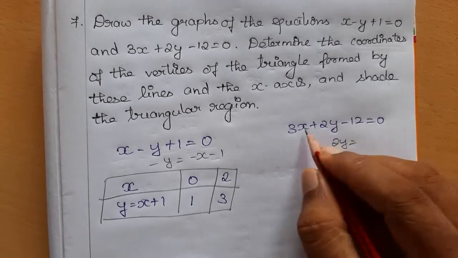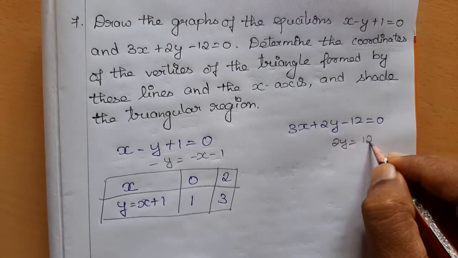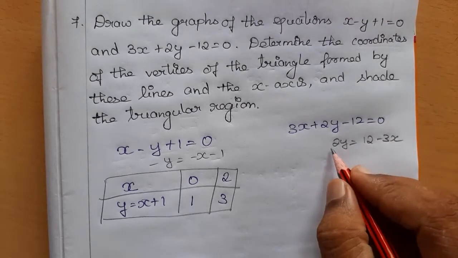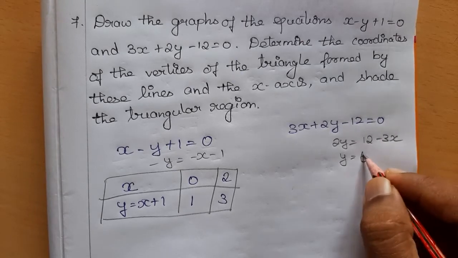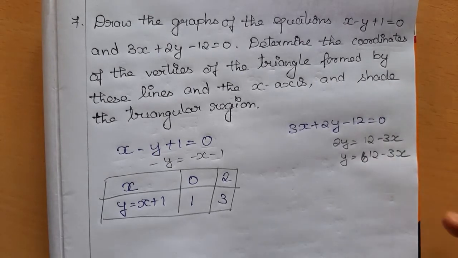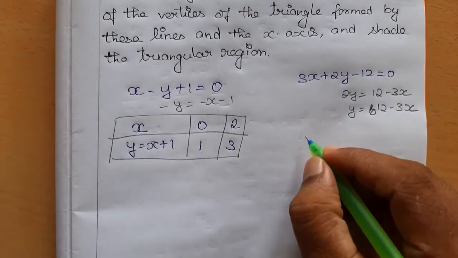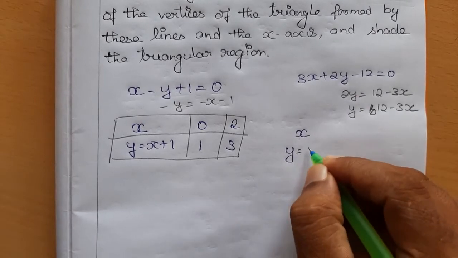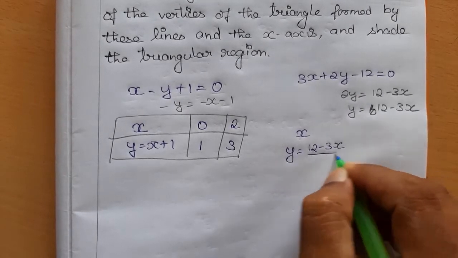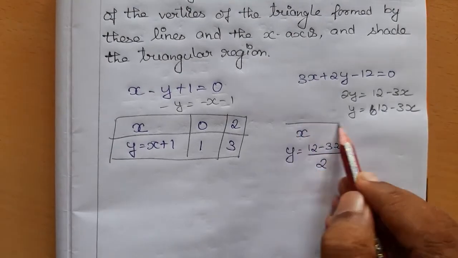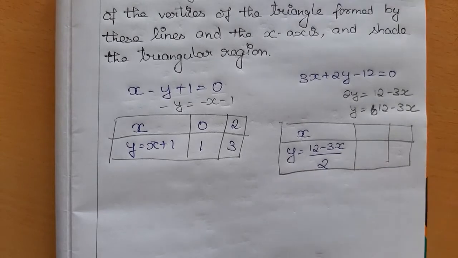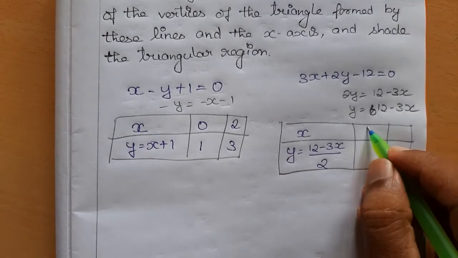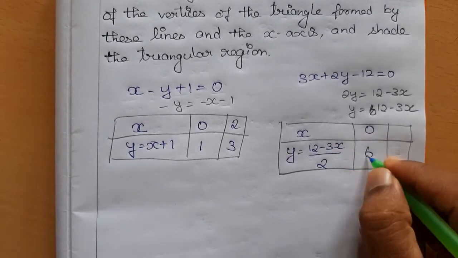So 2y is equal to 12 minus 3x, and y is equal to 12 minus 3x by 2. We need two points to draw a line. So let me consider x is equal to 0. This term will become 0. 12 by 2 is 6.